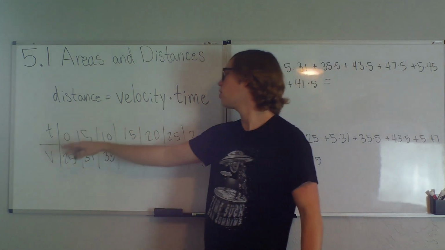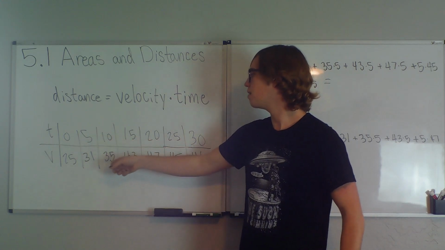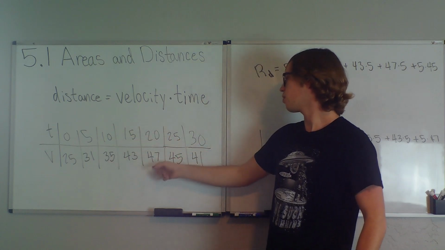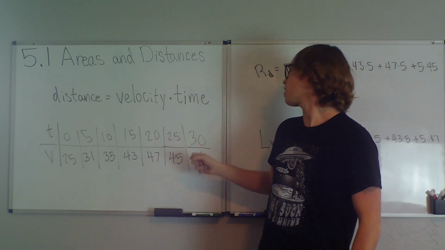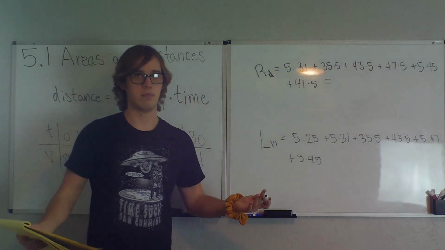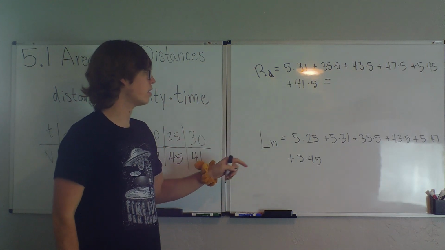So at time 0, 25 feet per second. 5, 31, 10 seconds, 35 feet per second. 15, 43, 20, 47, 25, 45, 30, 41, and so on. You get it. So, how would we estimate it? Well, we do our right-hand endpoints and our left-hand endpoints.